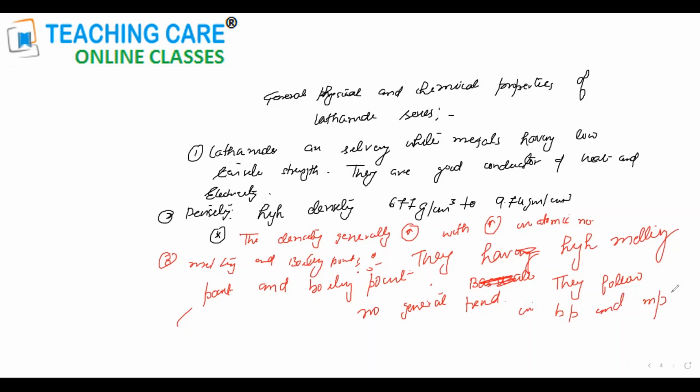We cannot say that the melting point increases from lanthanum to lutetium or decreases from lutetium. There is no general trend, okay? But they generally have high melting and boiling points, okay? Got it? Yes. Then ionization energy.